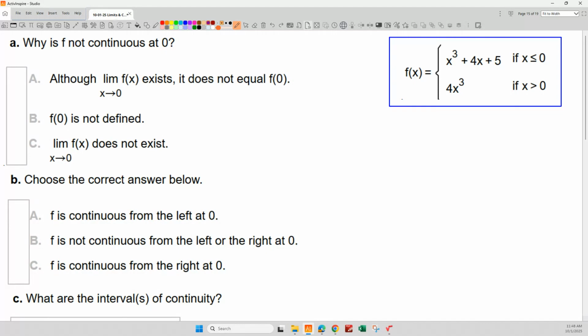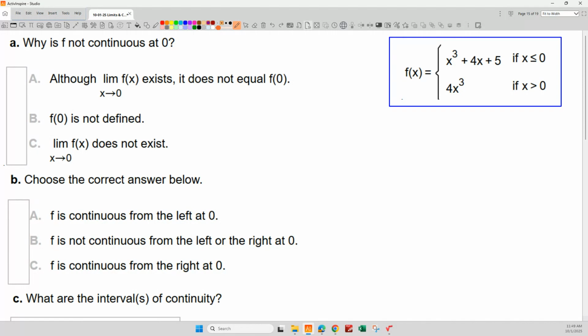Okay, well, it tells you it's not continuous at 0. Why is it not continuous at 0? What really has to be happening here? There has to be a break in the function, doesn't there? Everybody see that?